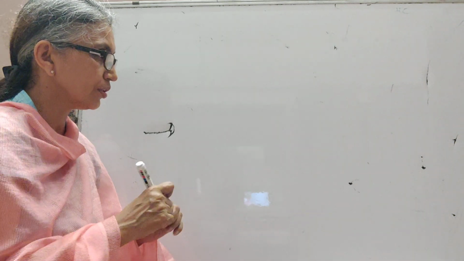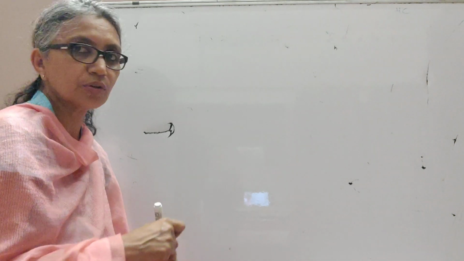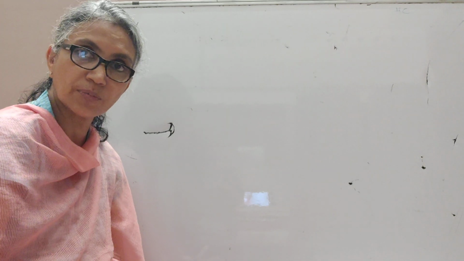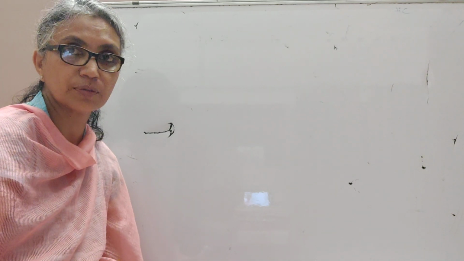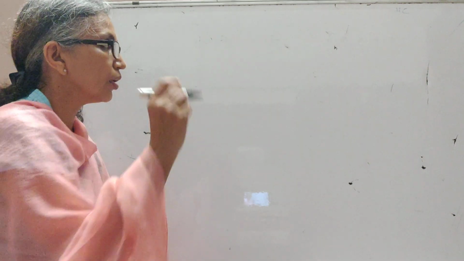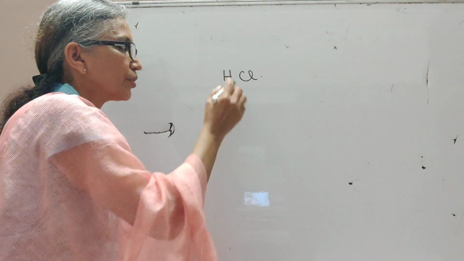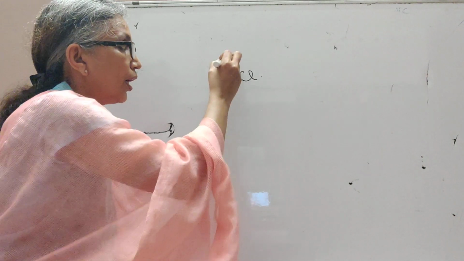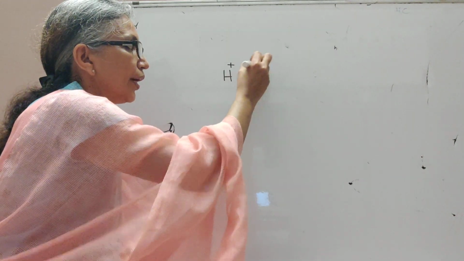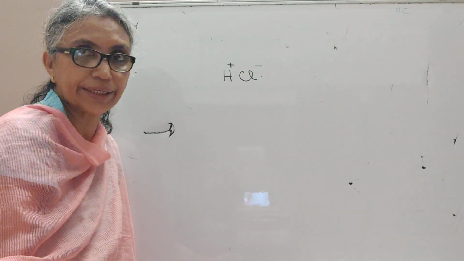Dielectric and polarization. Before that, I hope you know that you can have polar molecules and non-polar molecules. For example, a polar molecule is something like HCl. In chemistry, you know that hydrogen is highly electropositive and chlorine is highly electronegative.